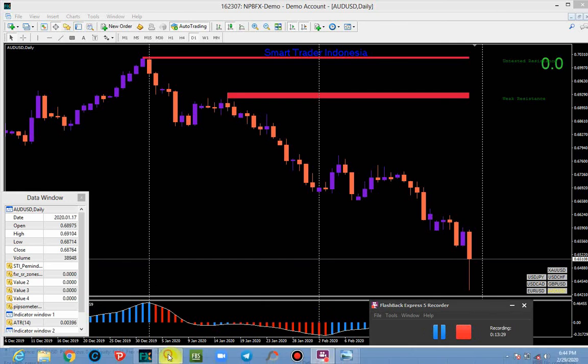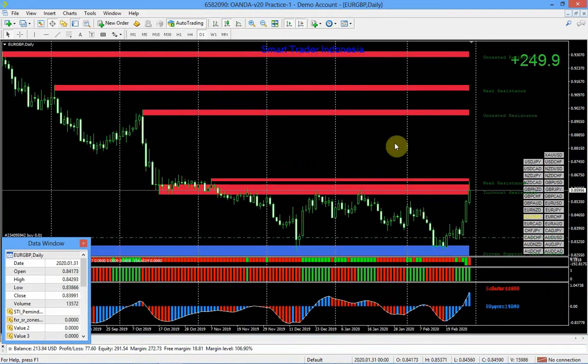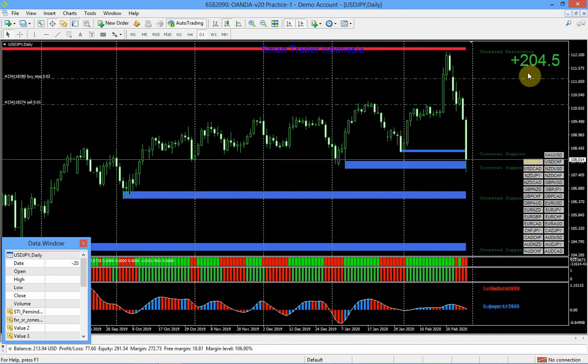I also have this one, which is a long-term trade based system. It does wonderful. As you can see, I've got USD Japanese yen. I entered right here when it was flashing a downtrend.